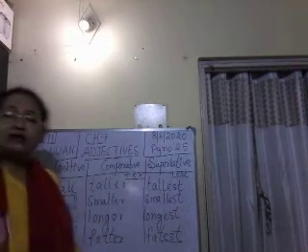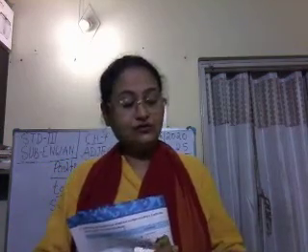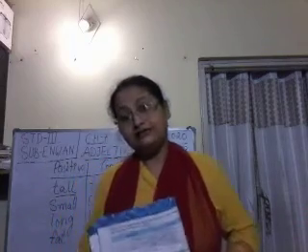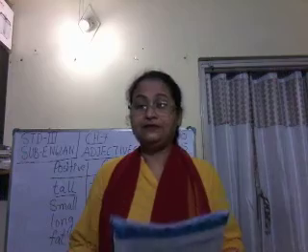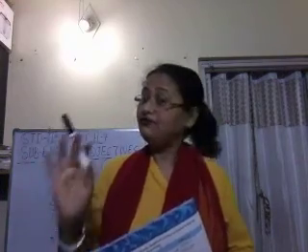This way you will find many more adjectives, and you will be asked how to identify the comparative adjective and how to identify the superlative adjective. So here we have learned that an adjective has 3 forms.